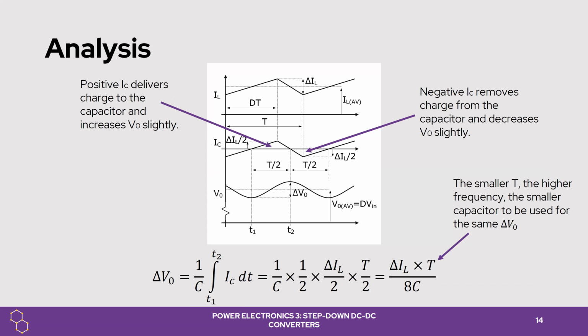In this last slide, we see how the ripple of the output voltage is affected by the capacitance, the period of the transistor, which is basically the frequency of switching, and the ripple of the inductor current.